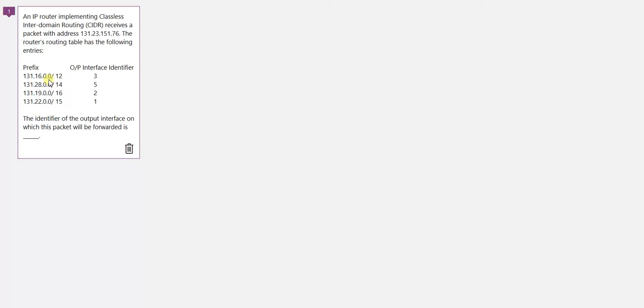Here in the first field, the network has an IP address and the number of network ID bits is 12. So we have to put 12 ones in the network ID part, and the remaining 20 are host bits, which are zeros.